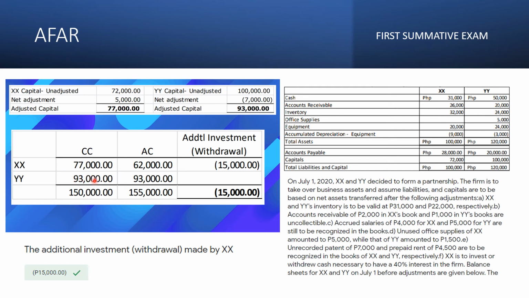So YY is the basis. 155,000 times 40% is 62,000. Therefore, X contributed 77,000 and the agreed is 62,000, so X will withdraw 15,000 to have a 40% interest. Our answer is a withdrawal by XX of 15,000.